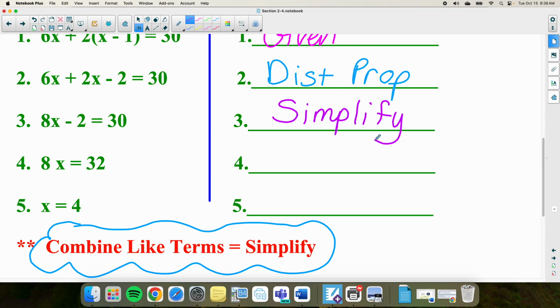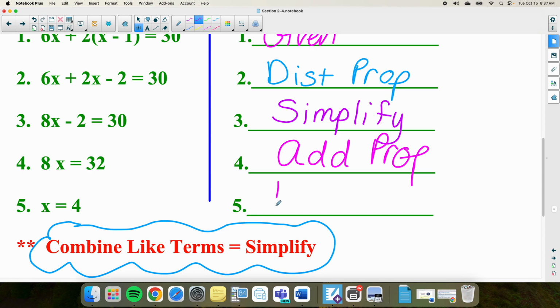Okay. Then, what do you think they did from step 3 to 4? 3 to 4 added, right? So this is addition prop. And then the last step, what did they do from 4 to 5?